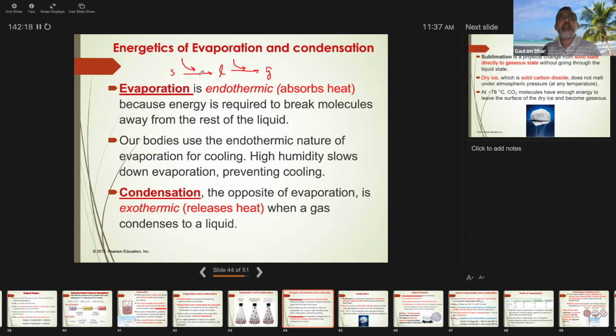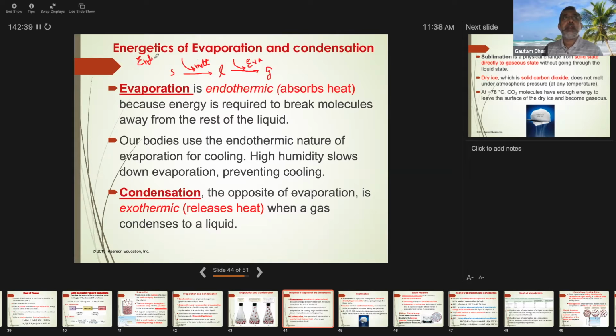This is what we call melting, and liquid to gas is evaporation. These are endothermic processes because they are absorbing heat.